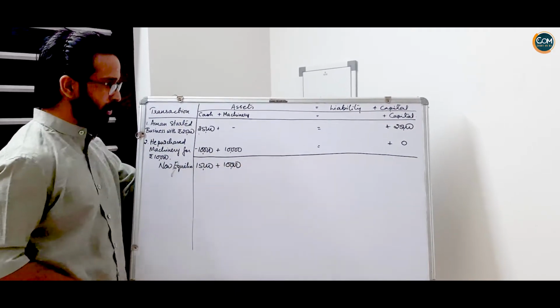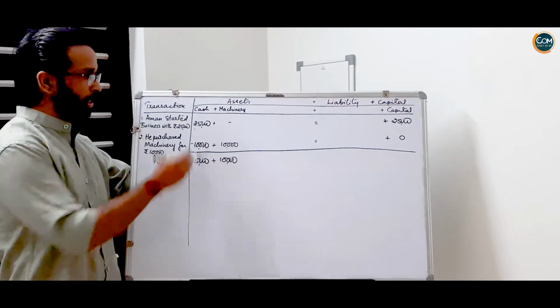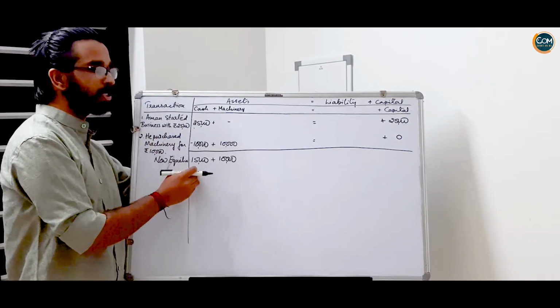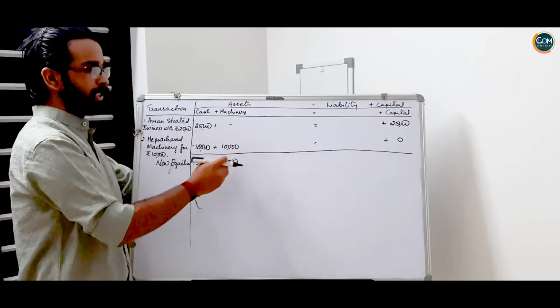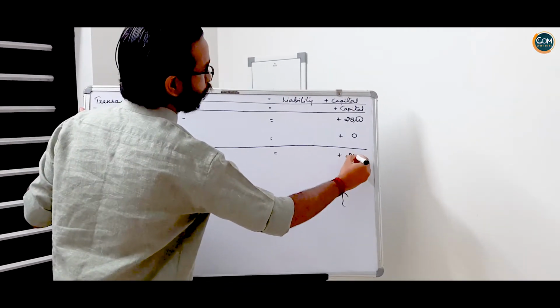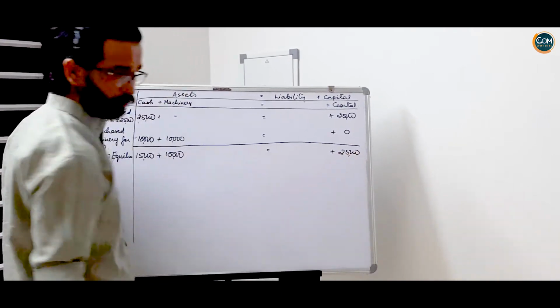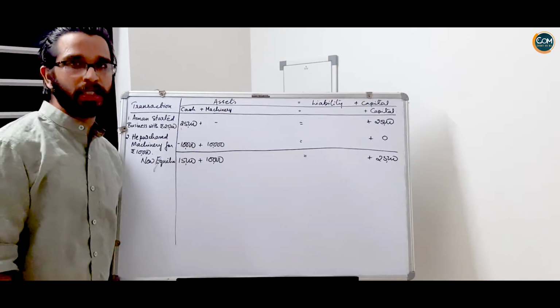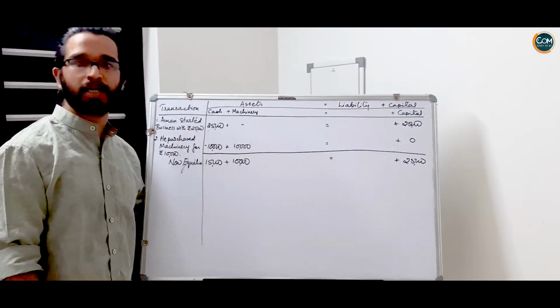So, as we can see, the asset side will be cash 15,000 plus machinery 10,000, which is equal to the capital amount of 25,000. Thus, the accounting equation proves to be correct.